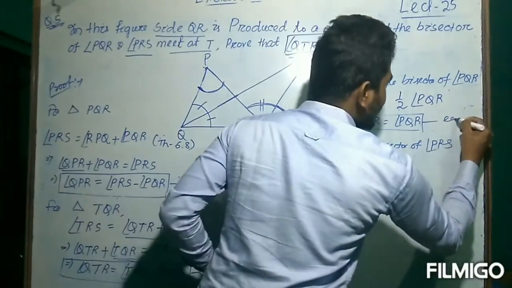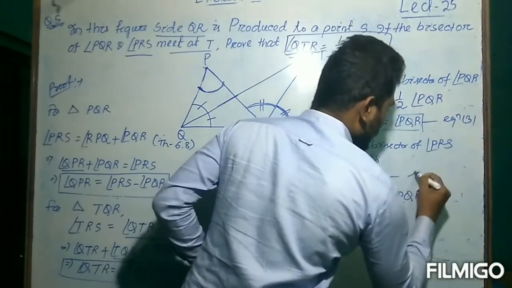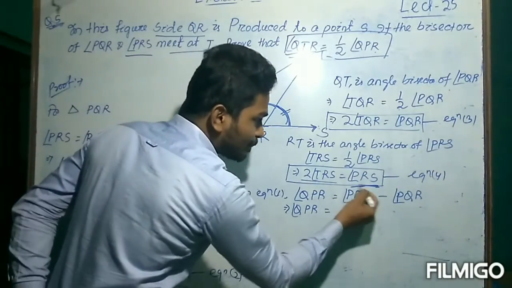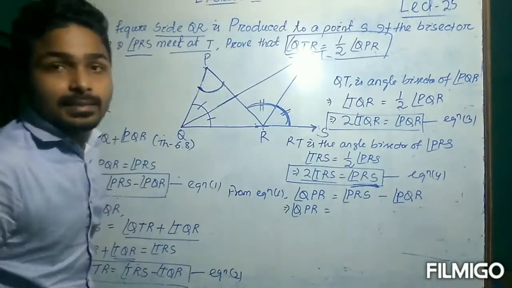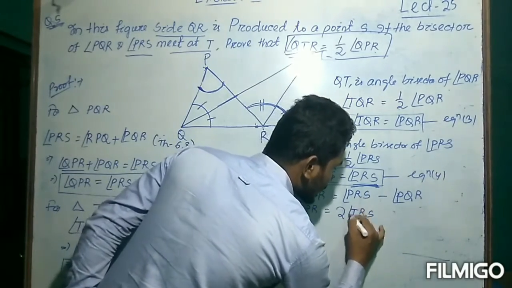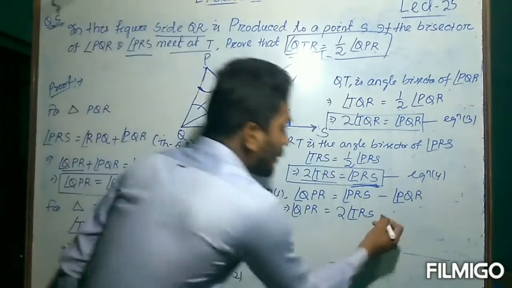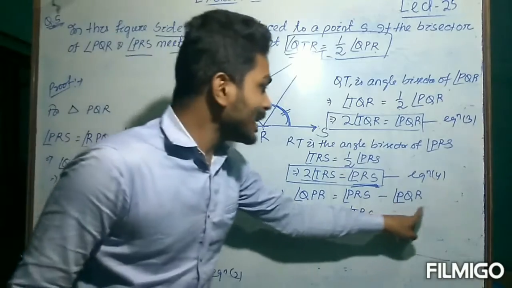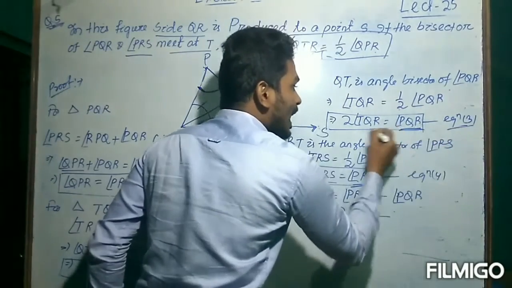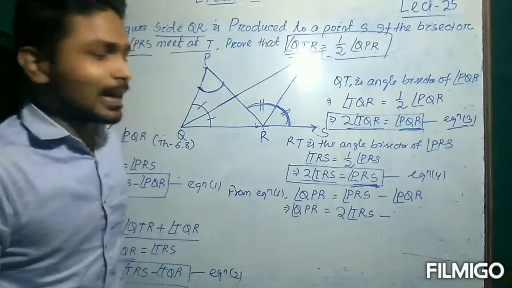Suppose it is equation 3 and it is equation 4. In equation 4 we find that PRS is equal to 2 times TRS. So in this place we can write 2 times TRS minus PQR. See equation number 3: PQR is 2 times TQR.